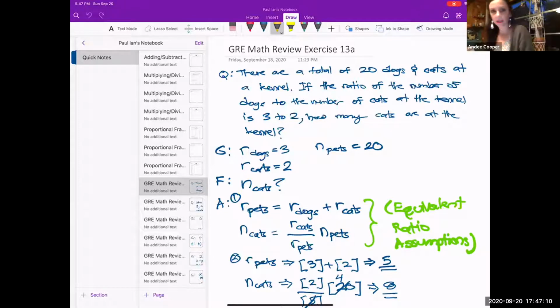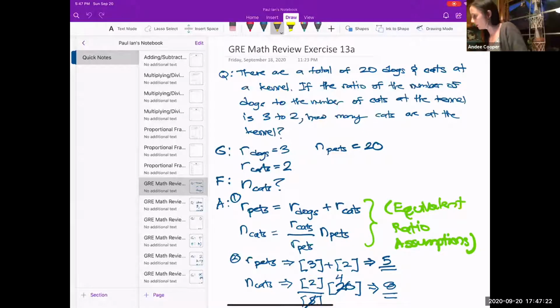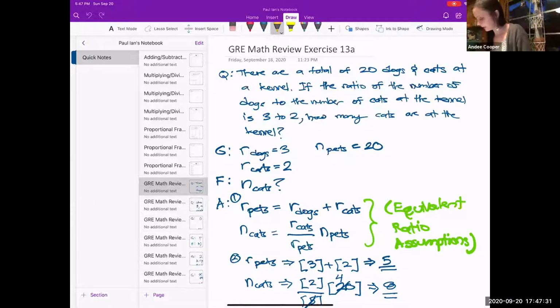The salary question? No. This is the dogs and cats. Where was that question? Okay, let me look back. Oh wait, hold on. Maybe it was in the other. Hold on a second. Okay. It says arithmetic exercises. Oh, so that's in the math review.